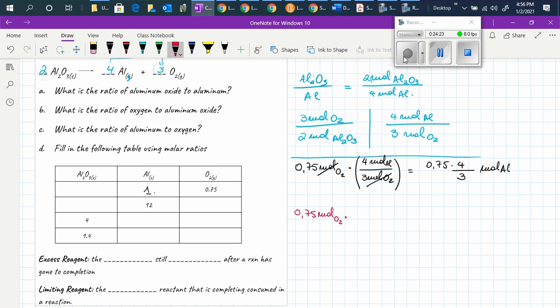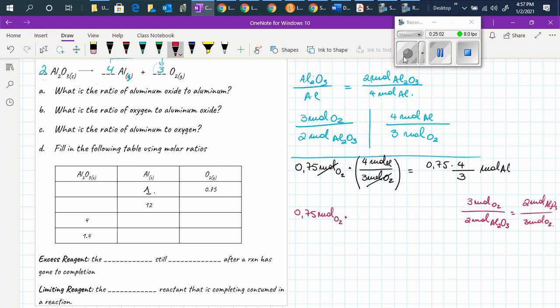So the ratio is 3 to 2 or 2 to 3. So it's 3 moles of oxygen per 2 moles of aluminum oxide, or 2 moles of aluminum oxide per 3 moles of oxygen.